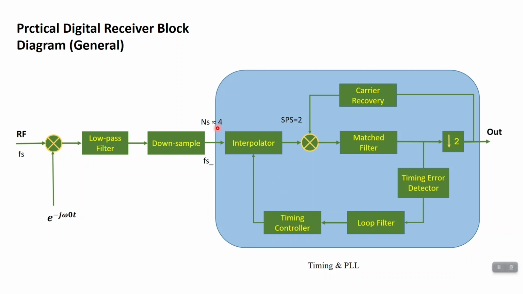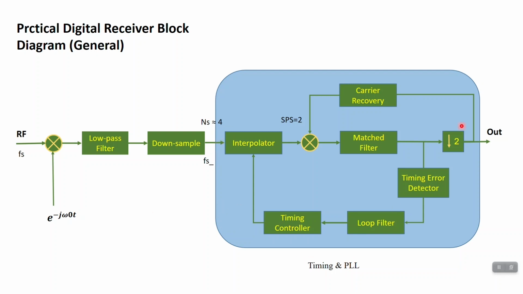No need for exactly 4, just a range greater than 2 and a bit above 4 is sufficient after downsampling.